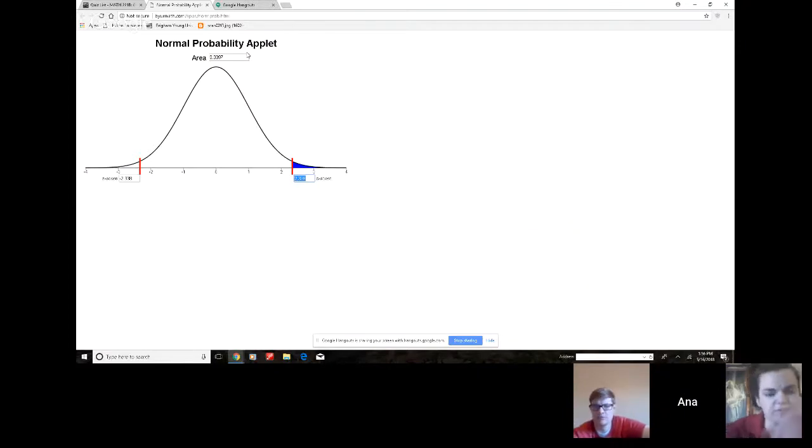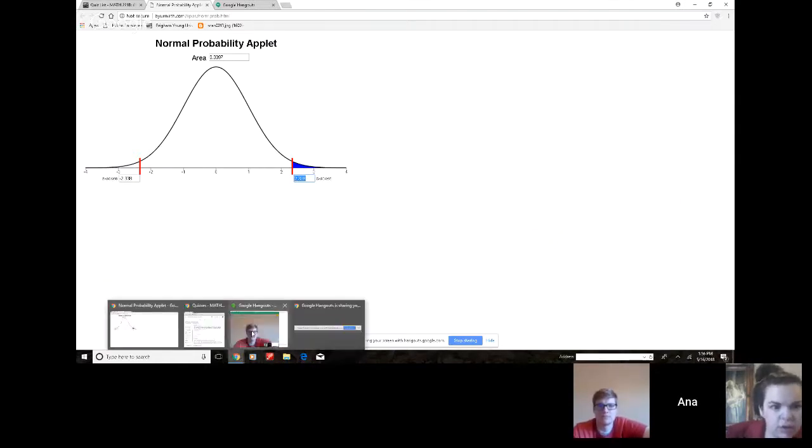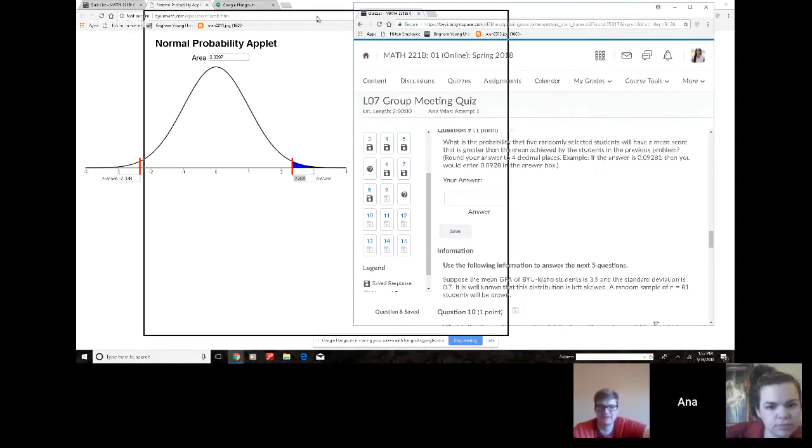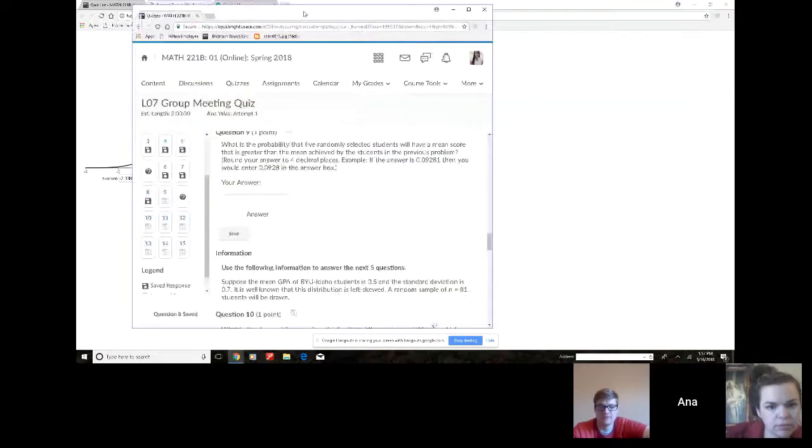Well, for this one specifically, it says to round your answer to the 4th decimal place. Oh, I missed that one. Yeah, it's 4 decimals. 0.0097. Is that the answer? That's what I got. Yeah, that's what I put too.